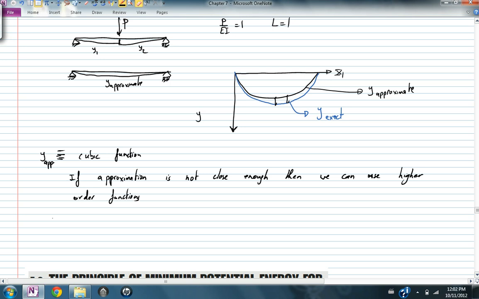So we can use the approximate solution as a0 plus a1x1 plus a2x1 squared plus a3x1 cubed plus a4x1 to the power 4, and so on, until you're satisfied that this is a good approximation.